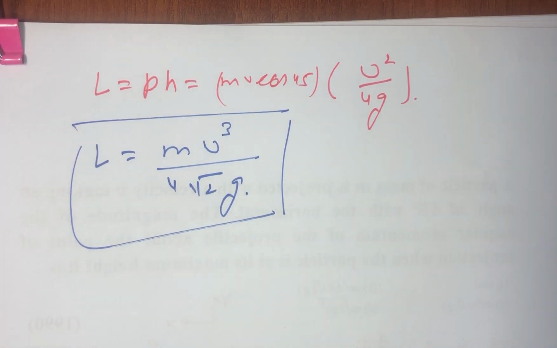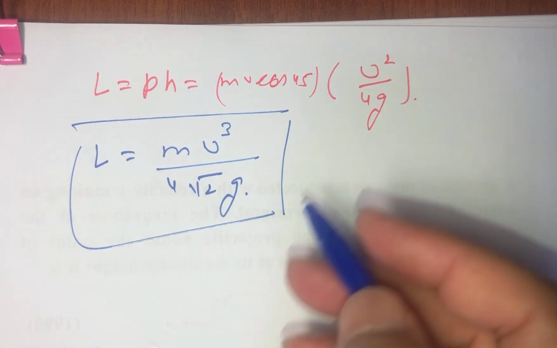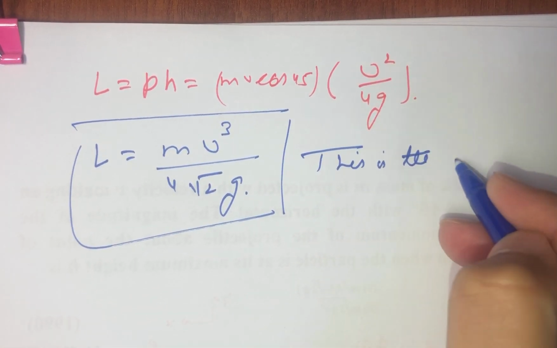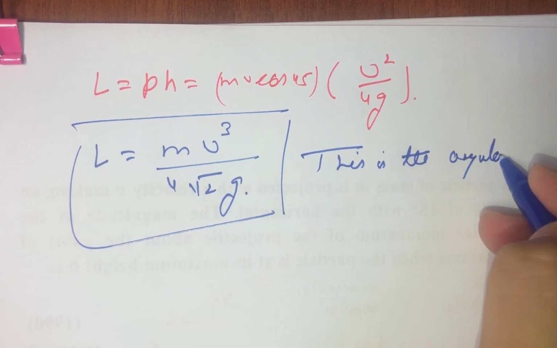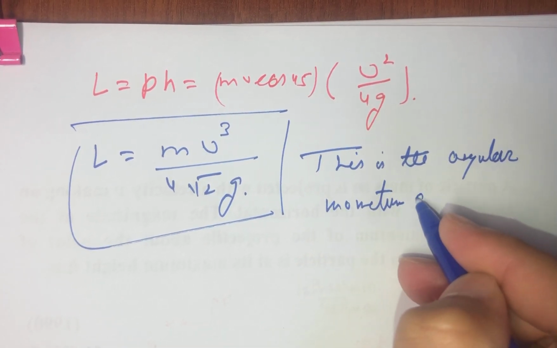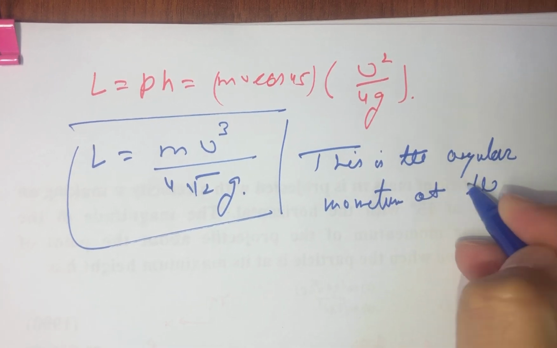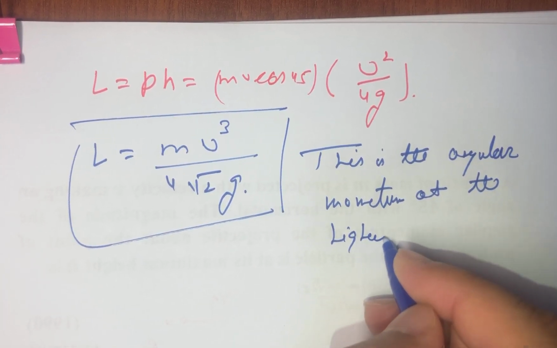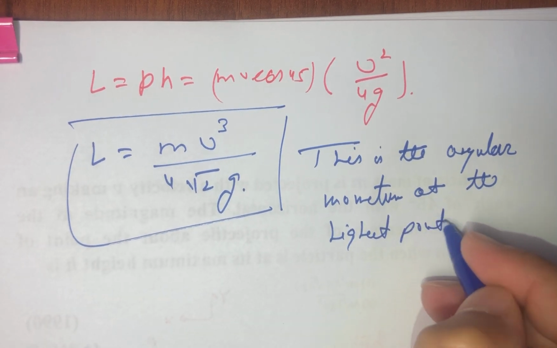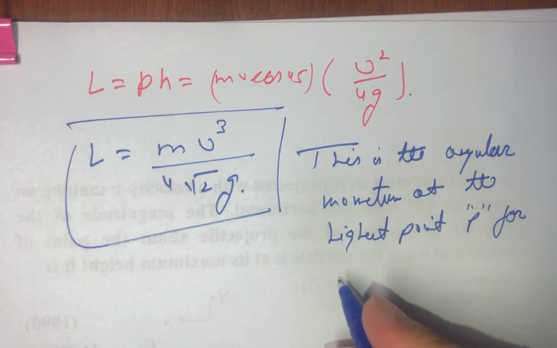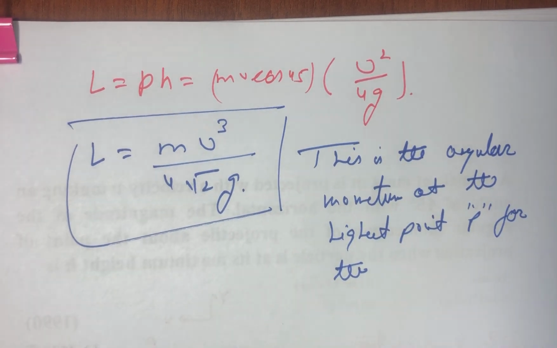So this is the angular momentum at the highest point P for the projectile.